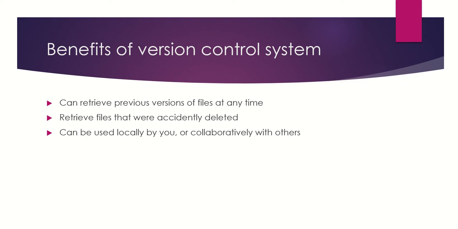All of this can be used locally on your computer, or it can be stored somewhere on the internet in a remote repository. We will explain remote repositories later in the course.